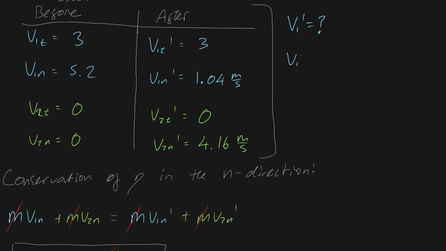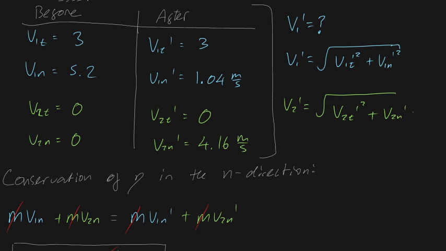We know that v1 dash is going to be equal to the square root of v1t dash squared plus v1n dash squared after their collision. And we also know that v2 dash, basically the magnitude of your velocity after collision, is going to be equal to the square root of v2t dash squared plus v2n dash squared.